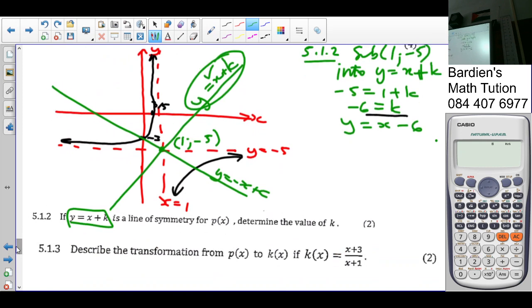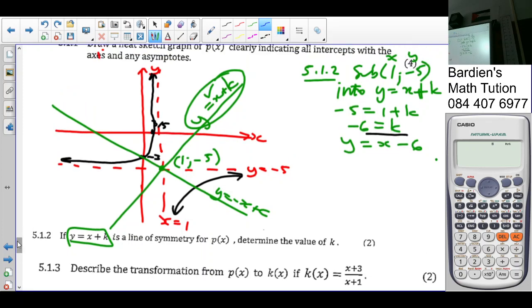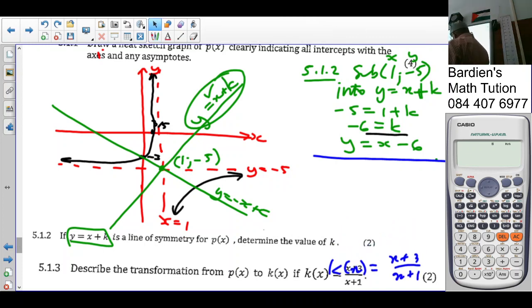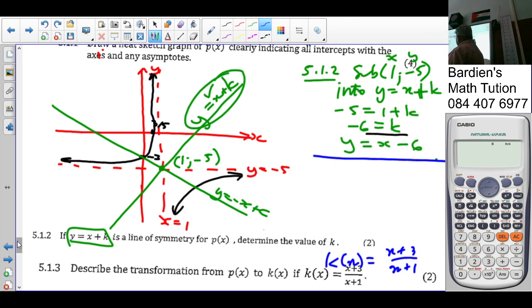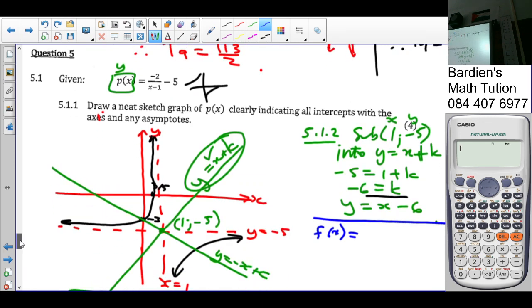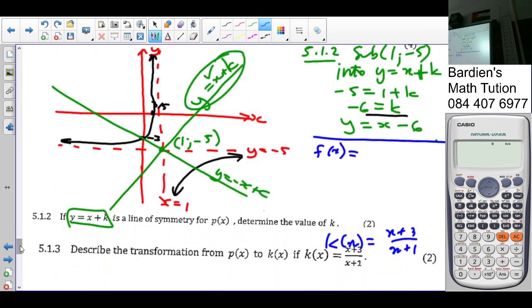Then the next question says, describe the transformation from P to k. If you look at k of x, it equals x plus 3 over x plus 1. However, p of x is negative 2 over x minus 1, minus 5.